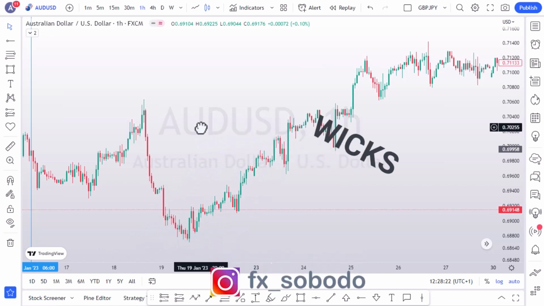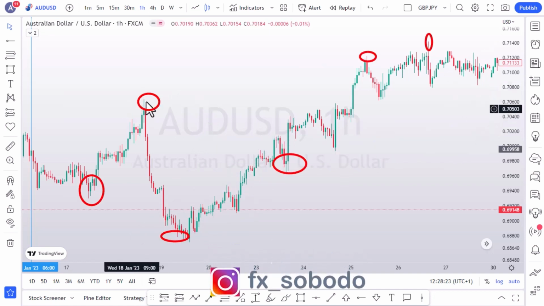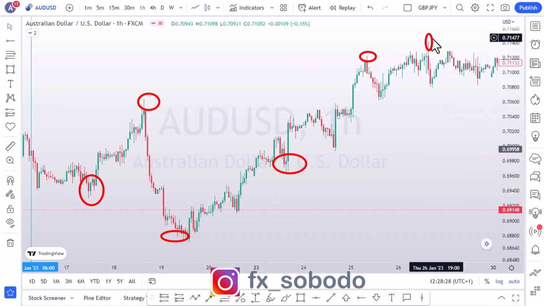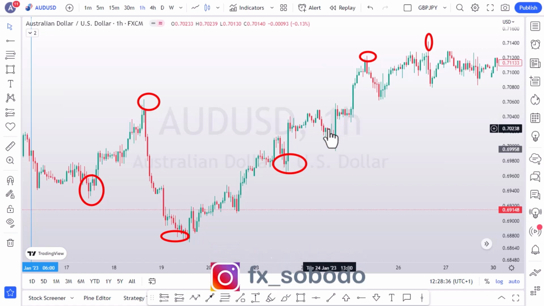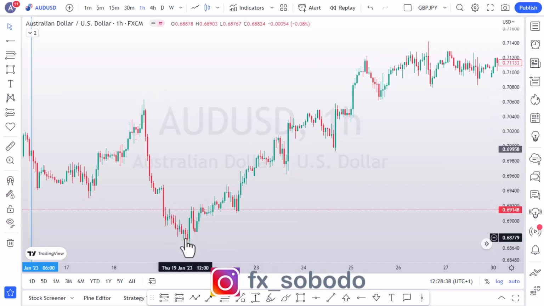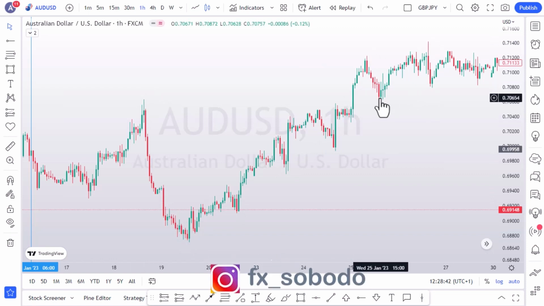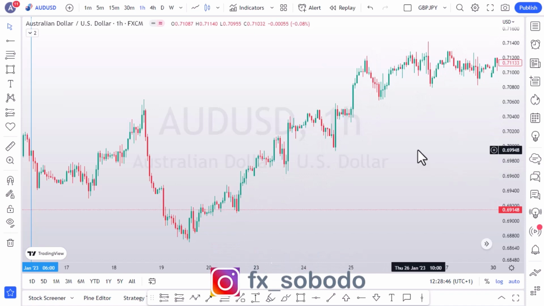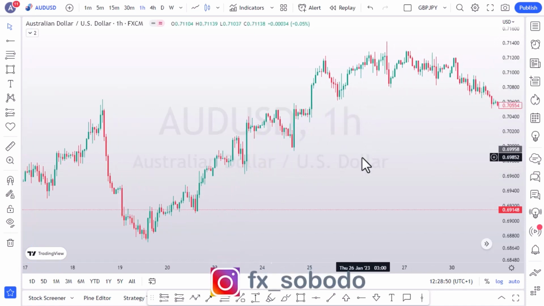Basically, wicks are the highest or lowest price point in the market where price may try to reach again to retest. Hence, these are the areas I target as my support and resistance. And as price continues to move higher or lower, I keep updating them.